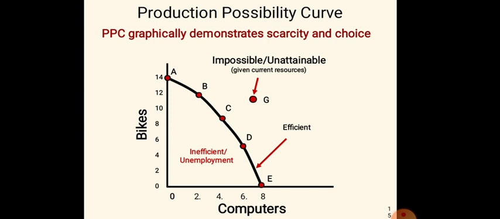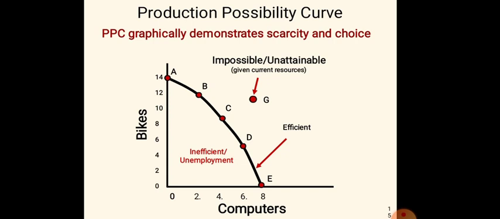This means that all of our productive resources are employed only in the production of bikes, thereby producing no computers. Similarly, at point E, we produce 8 computers, which means that we are employing all our resources in computers and therefore no bike is produced. Now suppose we transfer some resources from production of bikes to production of computers, say some land, some labor.